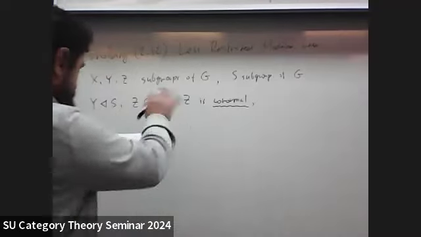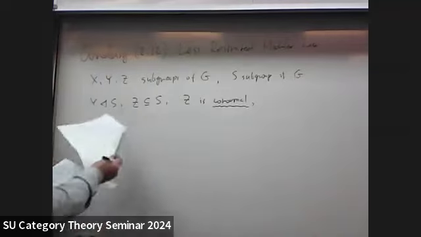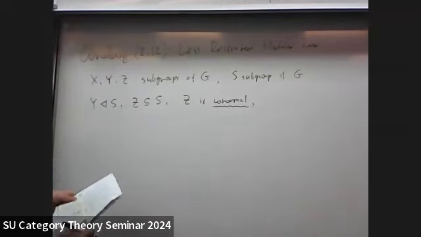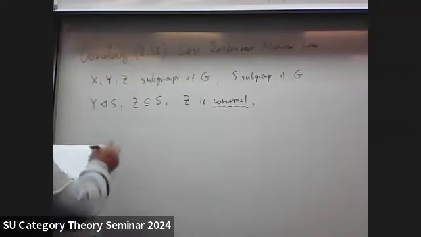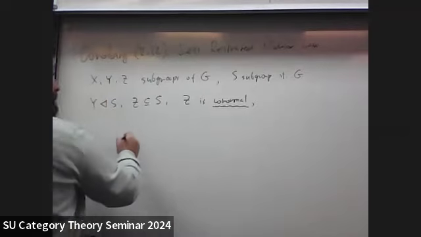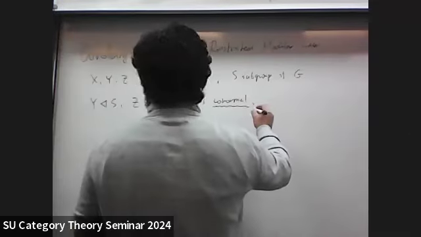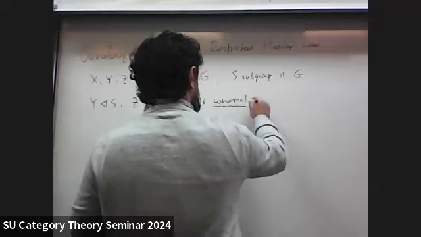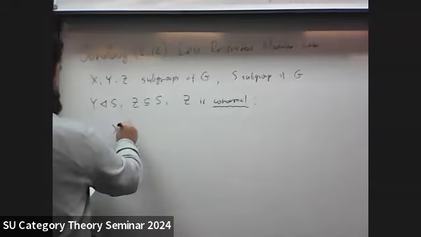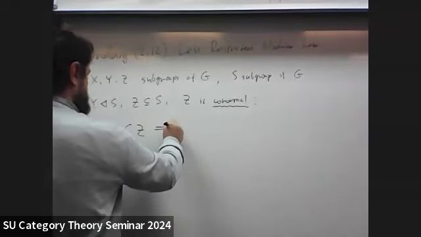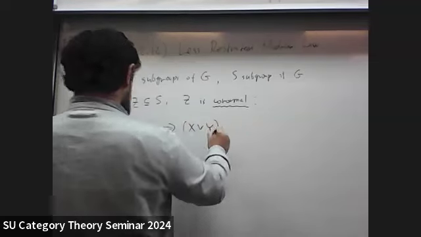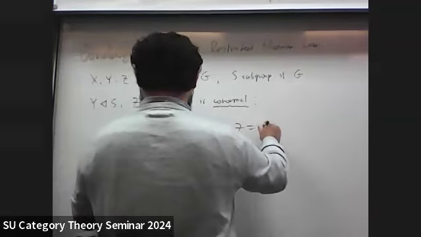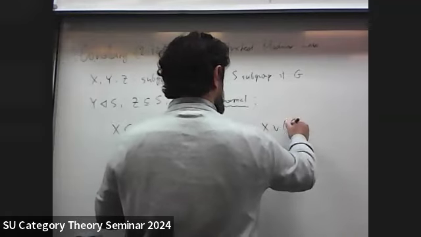Okay, so if these three requirements hold, then the modular law holds for this triple X, Y, Z, which states that whenever X is less than or equal to Z, that implies that X join Y meet Z equals X join (Y meet Z).